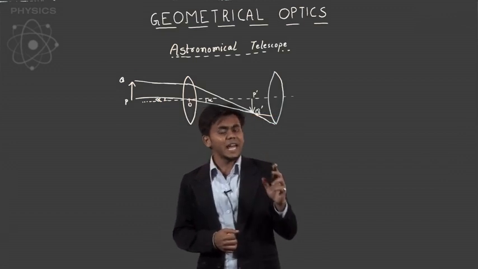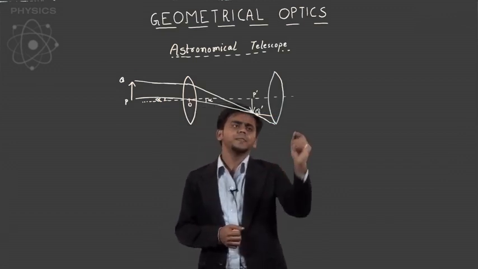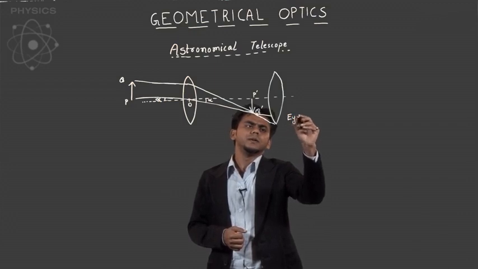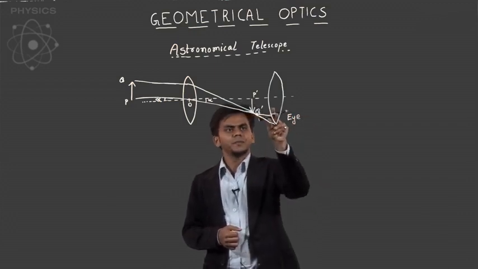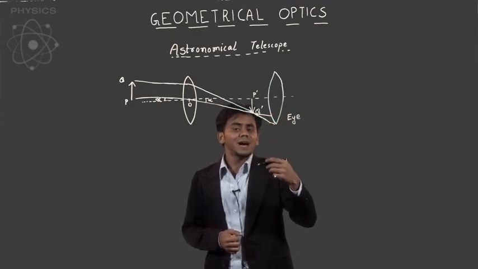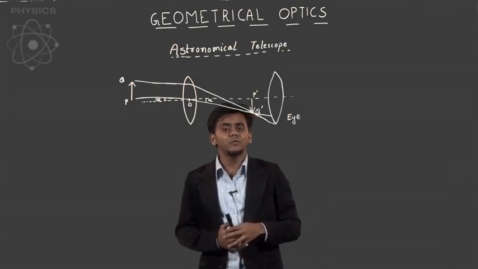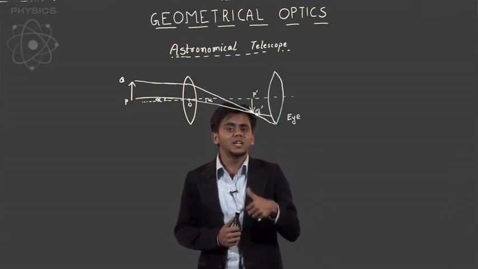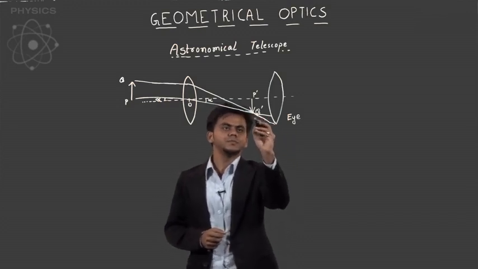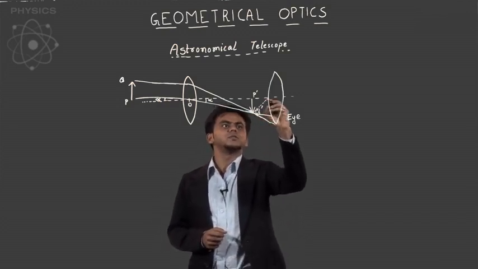Now, again I have two scenarios. One, my eye over here perceives that the rays are parallel to me, or they're not parallel. If they're not parallel, again the case of least distance of distinct vision. I'm drawing that scenario now. So that gives you this.